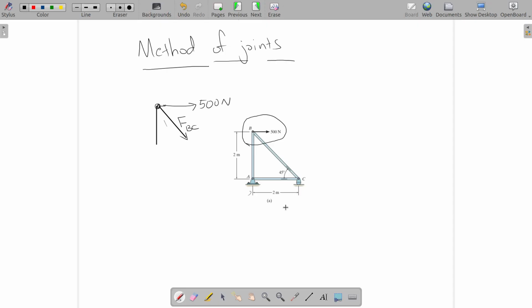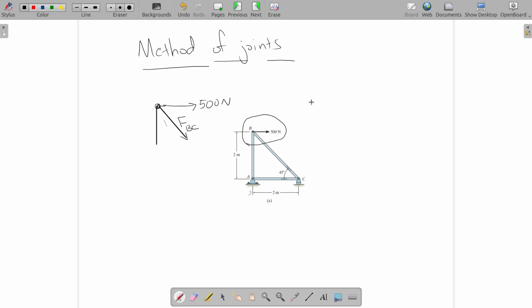FBC is the member force in BC. Now why did I use this direction? BC is parallel to this BC first. Secondly, I simply assumed that you have tensile force here. That's why the force on this joint is in this direction.